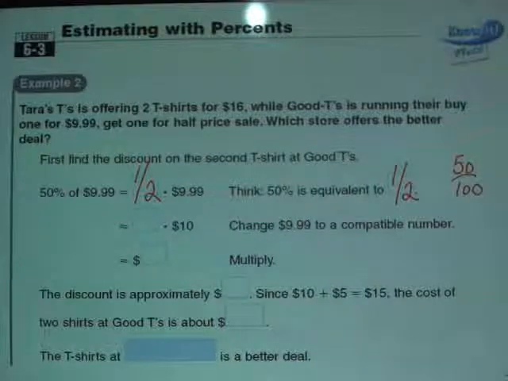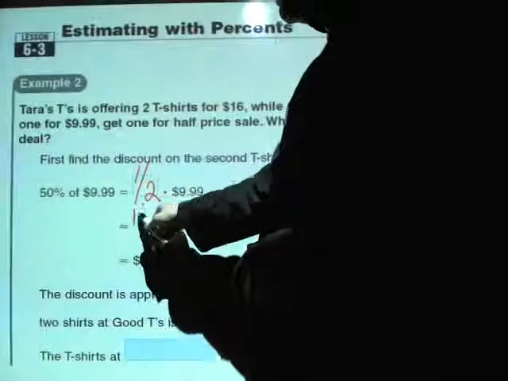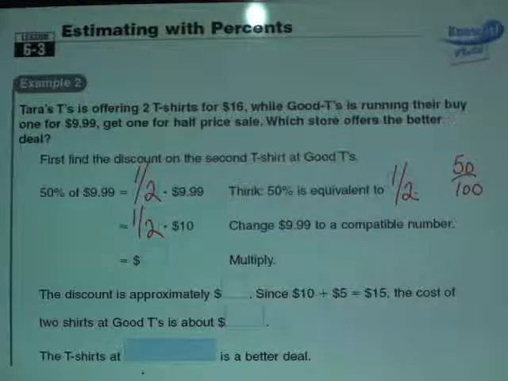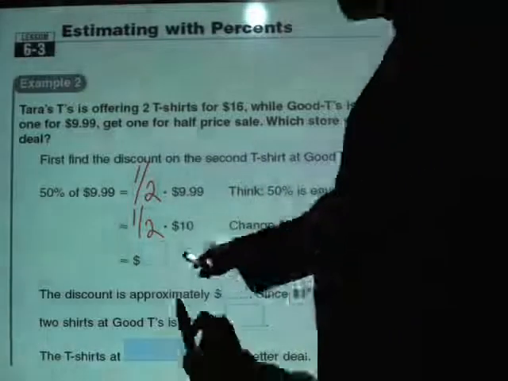Then what I do is reduce that by chopping out 50, and that's how I get to a half. Now half of $9.99 is not really that great, but $9.99 is really close to $10, and that would be really easy. So we're going to estimate this here at half of $10. Well, that's pretty easy. Half of $10 is $5.